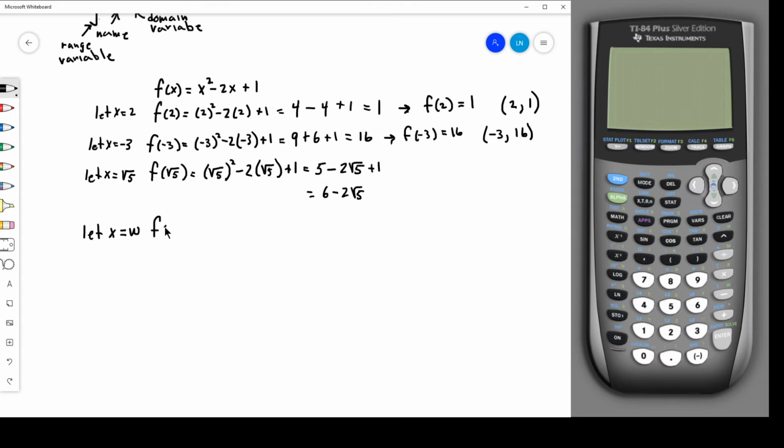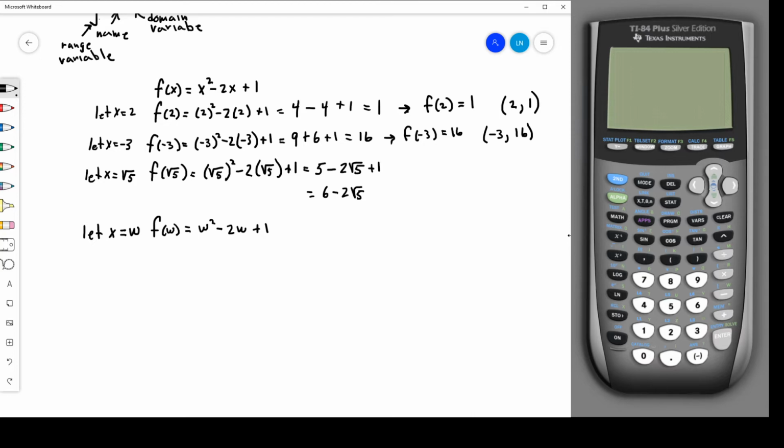So then I get f of w equals w squared minus 2w plus 1. Now you might be wondering, why would I do that? Well, again, it might just be a matter of meaning. It may be that w is more descriptive for what you're doing. Maybe it refers to the width of a rectangle, right? So instead of calling it x, you want to call it w.